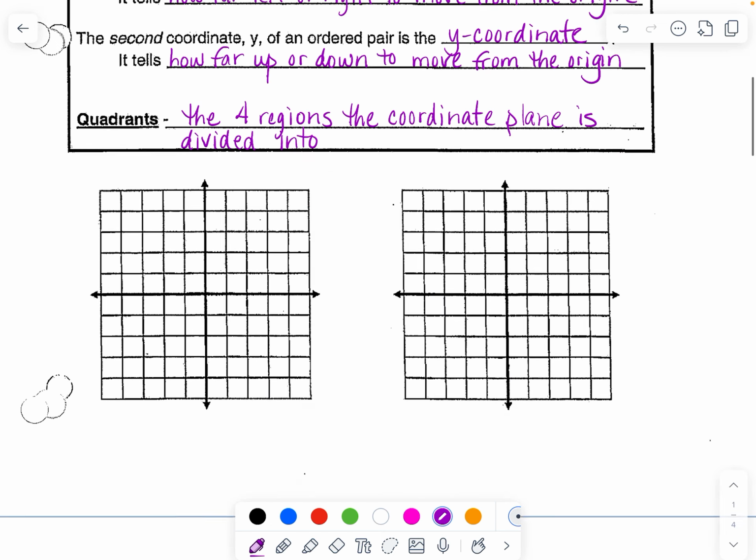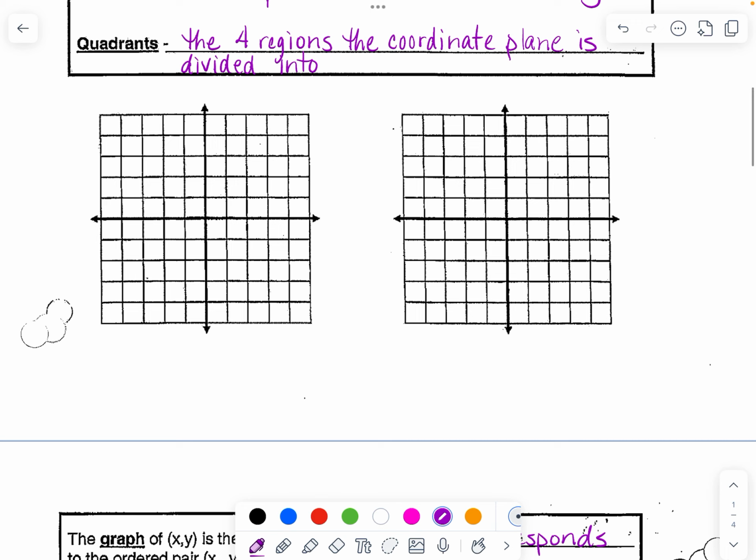So if we come down here and see the two examples of the coordinate plane, basically it looks like graph paper. And those bold lines that are running through the graph paper are both the x-axis and the y-axis. This horizontal line here is our x-axis, and the vertical number line is our y-axis. And notice I said number line, which means there would be some numbers on these bold lines.